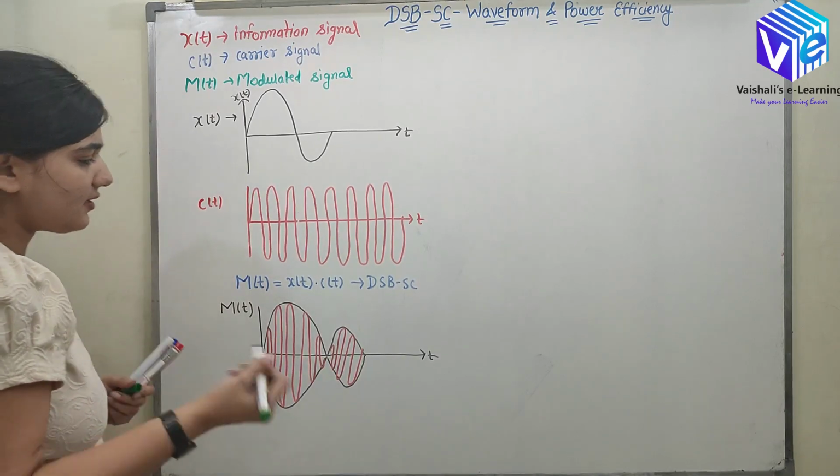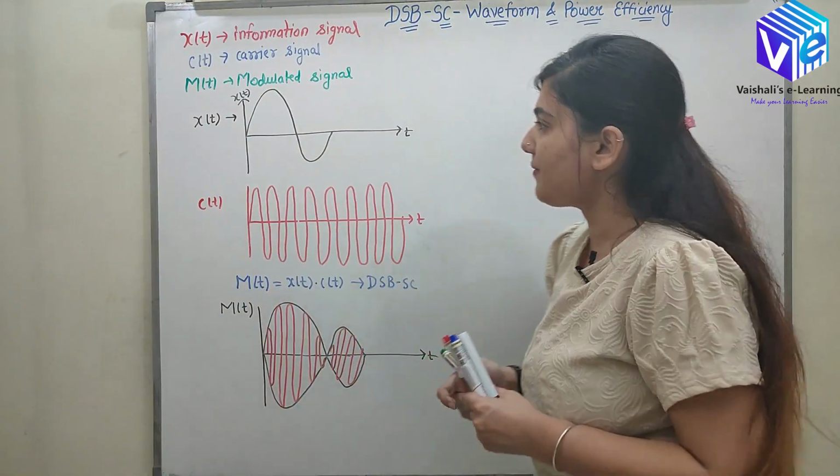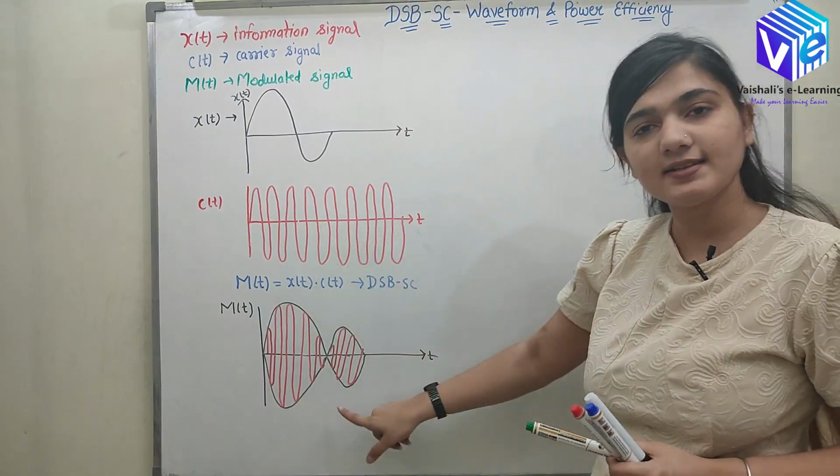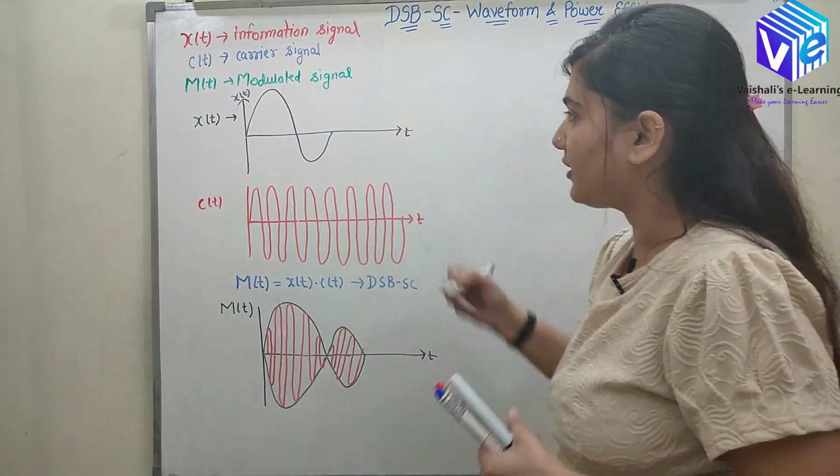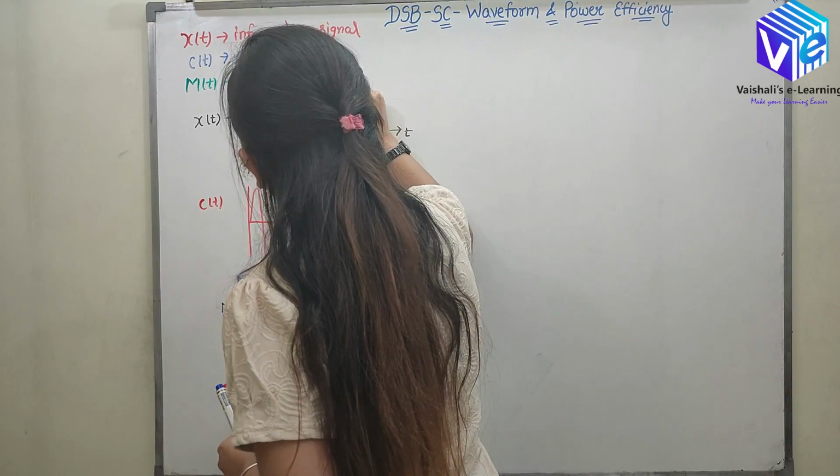So you can see from here, this was my message signal, this is my carrier signal, and this is my modulated signal. So I am writing it.